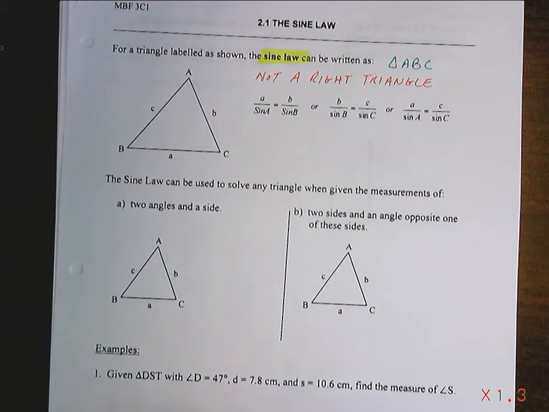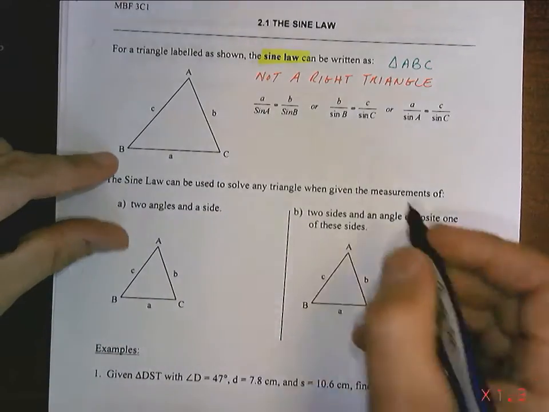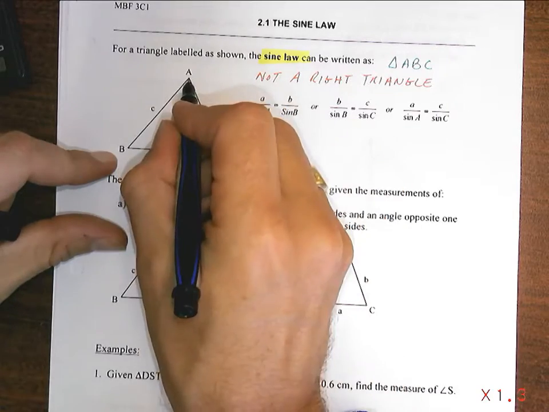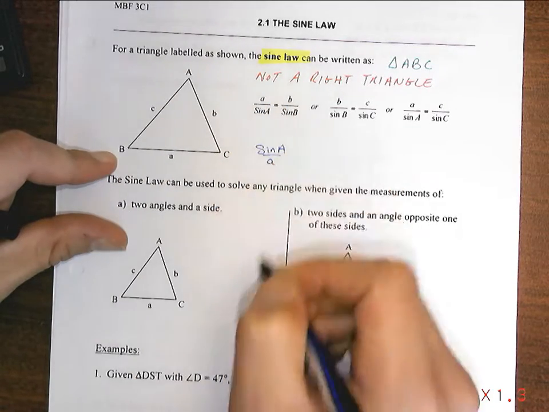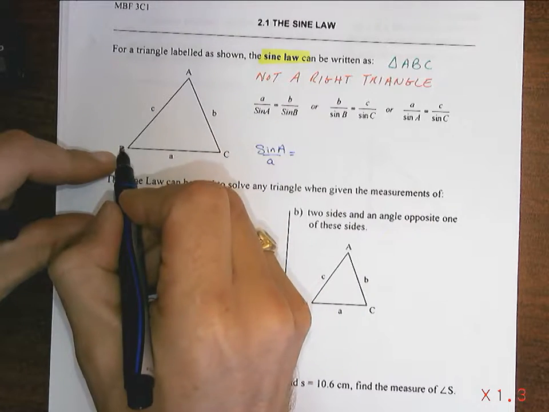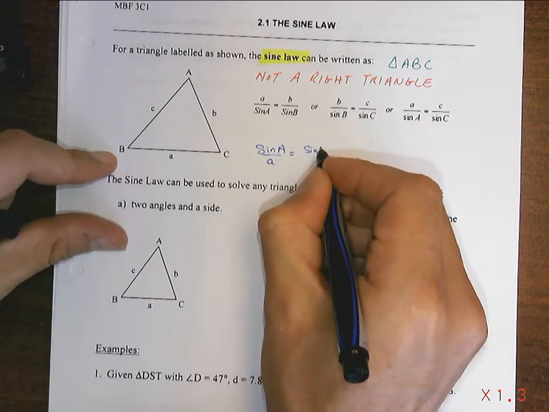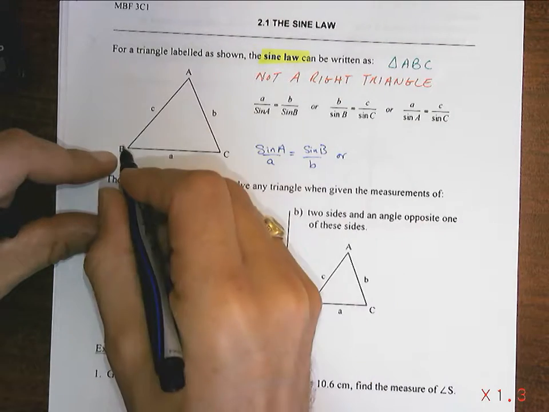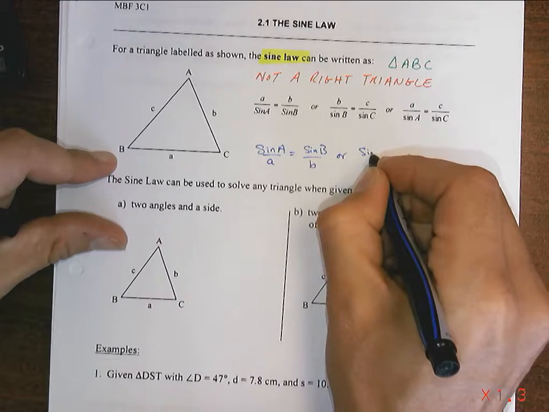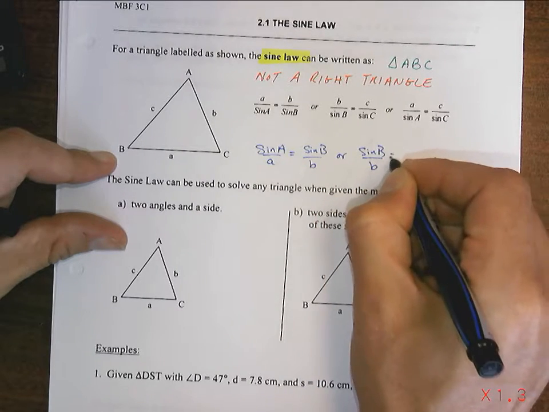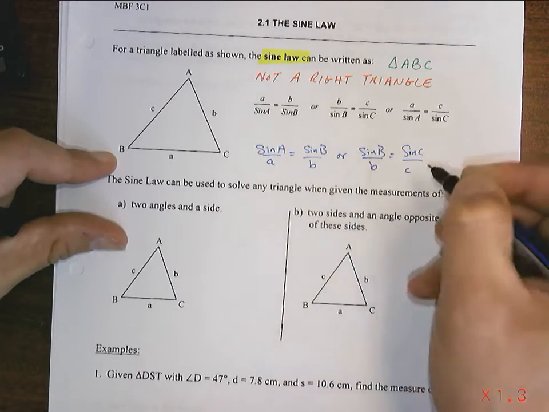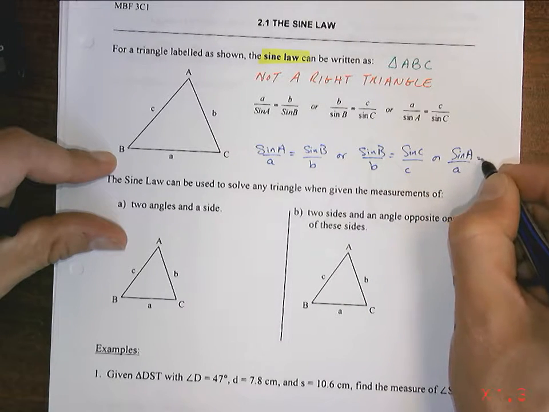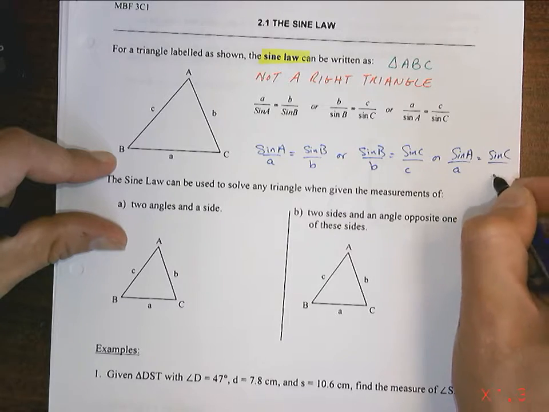If you want to find an angle, then all of these would be rewritten as sine of A over top of the side length opposite is equal to sine of B over top of b. Or this one would be sine of B over top of the side opposite it equals sine of C. And finally, the last one would be sine A over a equals sine C over c.